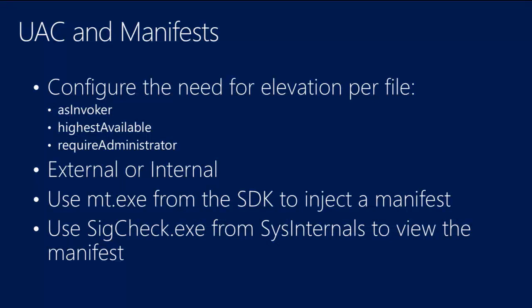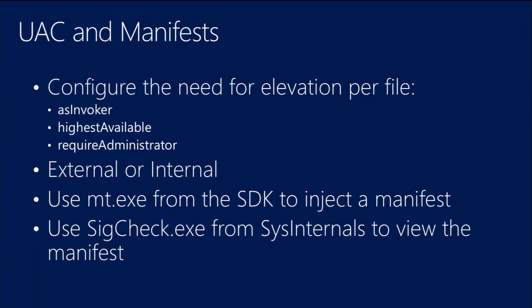A manifest is actually a text file, it's an XML file. And the XML file can be external or internal. An external manifest is just the XML file sitting there in the same folder next to the executable, and Windows should recognize it for you. The internal manifest is injected in the executable.